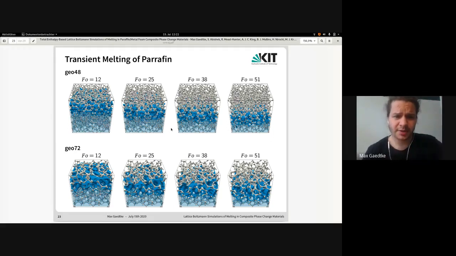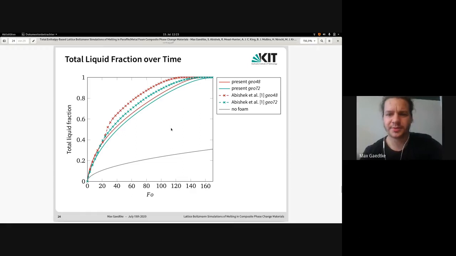Results. This is the melting front over the time. So the Fourier number is some kind of dimensionless time here for the two geometries. As you can see, the algorithm is able to calculate the very complex surface area, and the multi-domain melting is captured. We compared this to Abishek's results for the same geometries for the total liquid fraction, for example here.